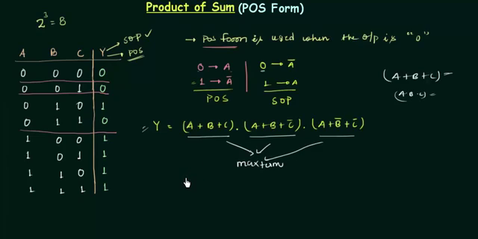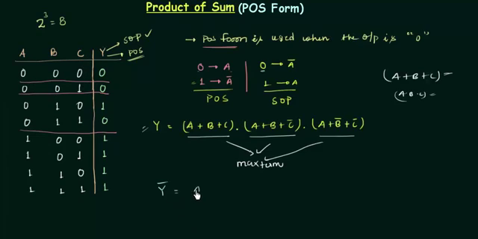So let's try to prove that we can have the POS form from the SOP form, and I will consider the output when it is low. So Y is now Y complement, because you can see in SOP form when the output is 0 we write complement, and here function Y is 0, so I will write Y complement. It is 0 for three cases. Let's try to find out the first case in which A is 0, B is 0 and C is 0.